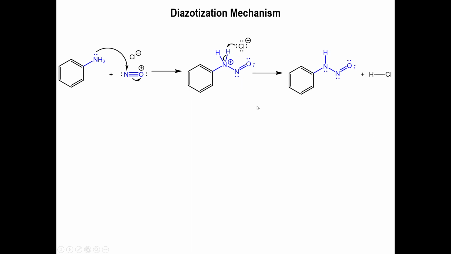That will kick away the electrons from the NO triple bond towards the oxygen, and you will form this intermediate that still has a positively charged nitrogen, an ammonium derivative right on the nitrogen attached to the benzene ring. And what happens now is that you deprotonate that nitrogen to form the amine derivative.